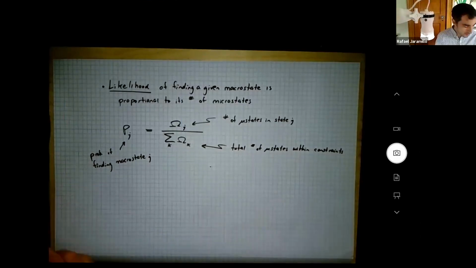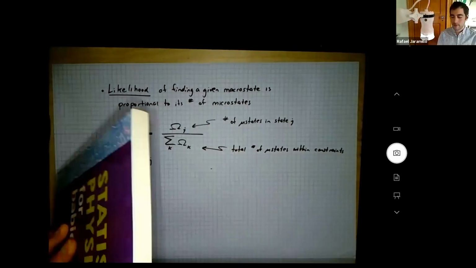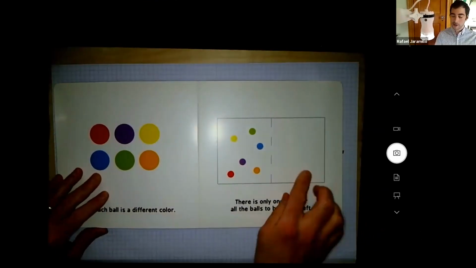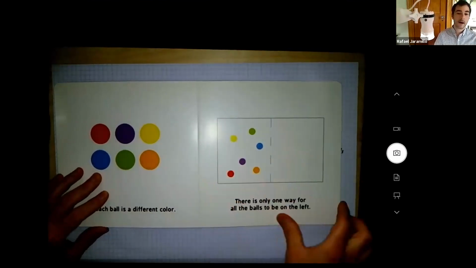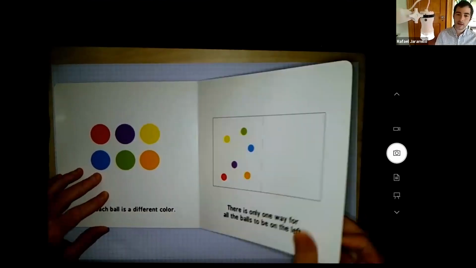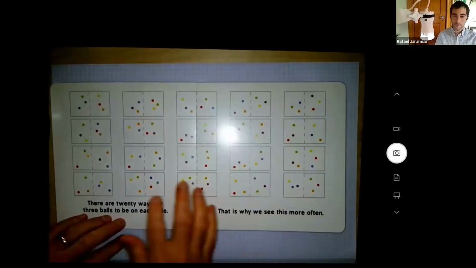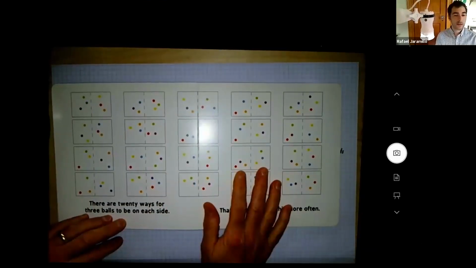So let's go back to the baby book and to the plots. If we have constraints that the particles just have to be somewhere inside of this gray box, we have 1 microstate here, 6 microstates here, 15 microstates here, and 20 microstates here.